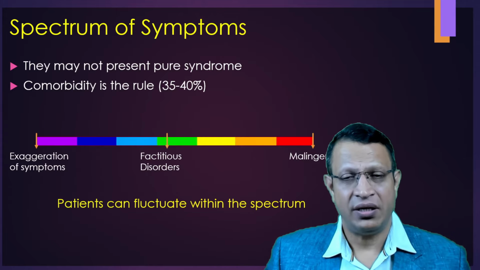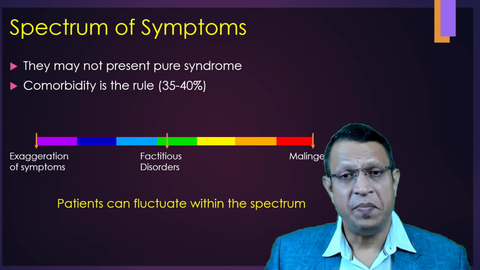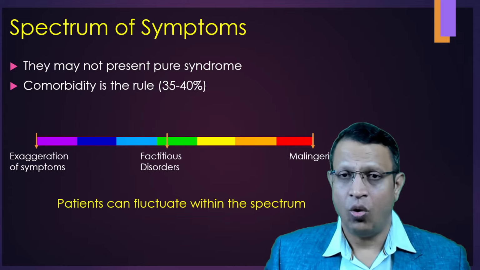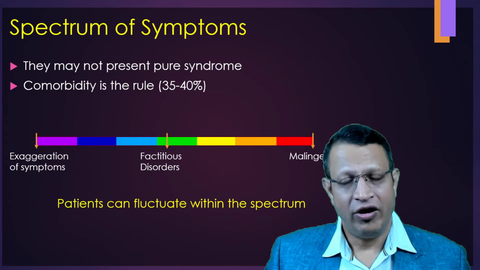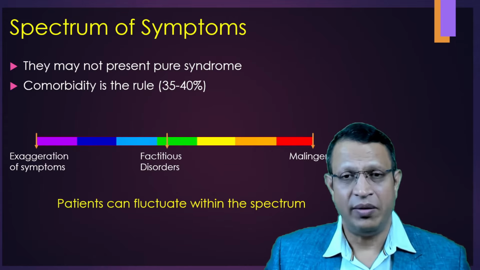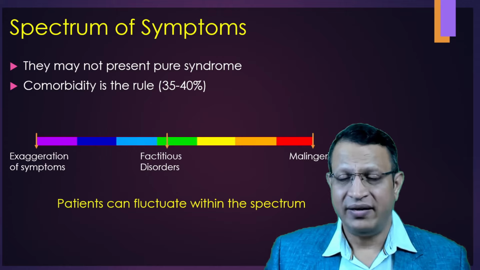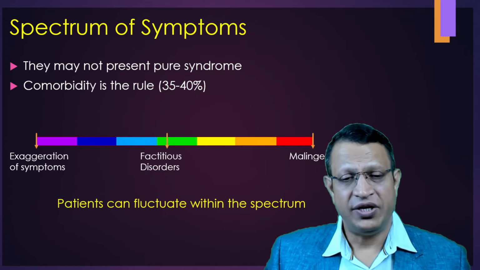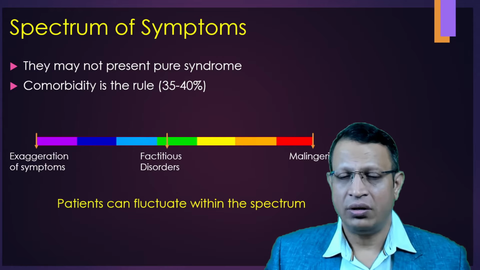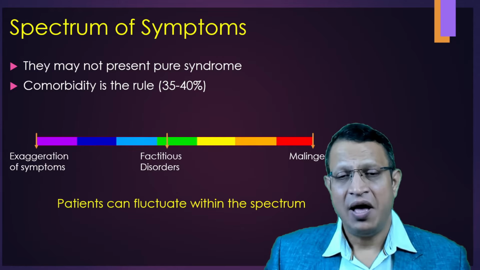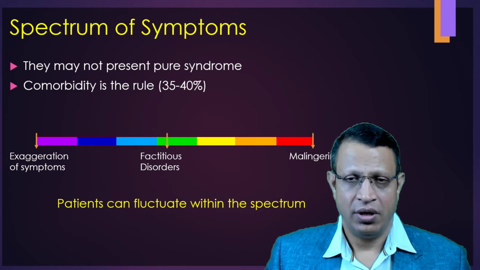That means the patient invariably has a materialistic gain, either to avoid punishment or to gain something. It may be insurance or maybe financial benefit. Of course, theoretically, this definition of spectrum looks good, but in real cases, most patients fluctuate between exaggeration of symptoms and factitious disorder, and rarely they may even have malingering symptoms also.